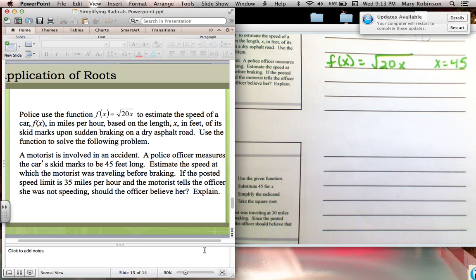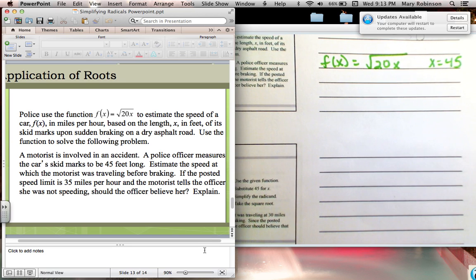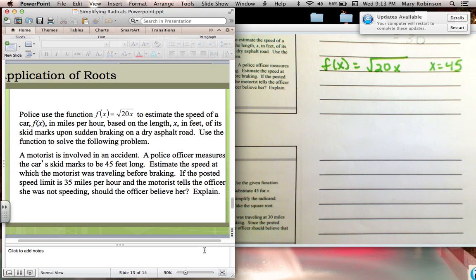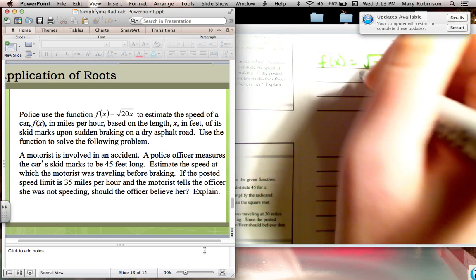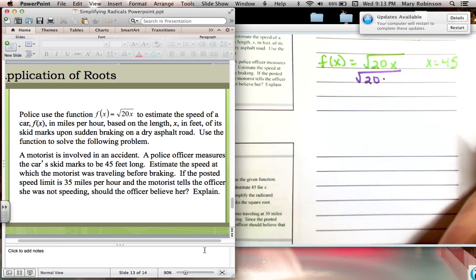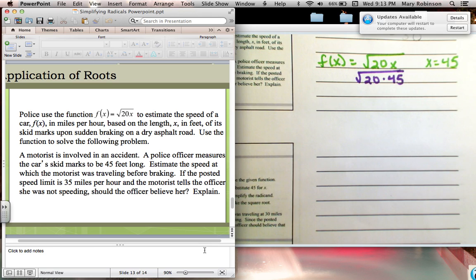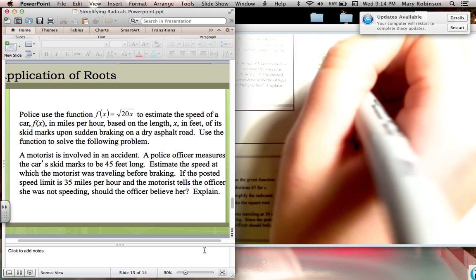So all we have to do is plug it into the equation and see if the person was speeding or not, which means we just do the square root of 20 times 45. So that's f of x.